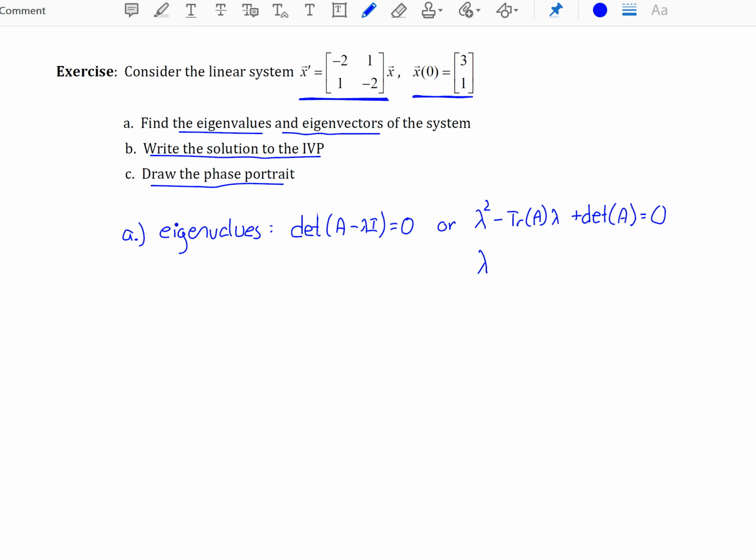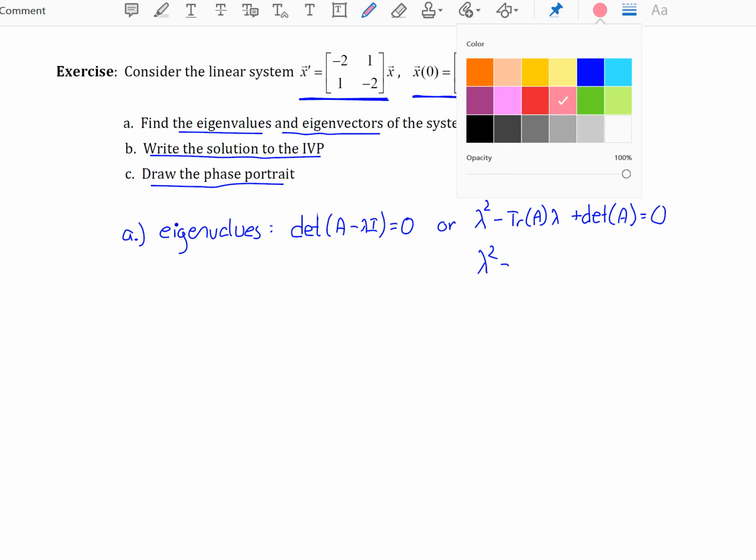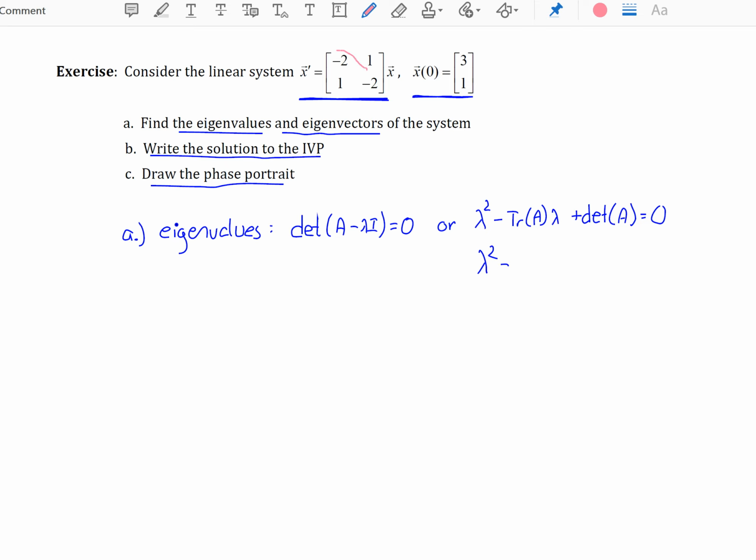So here we'll have lambda squared minus the trace. And again, recall the trace is the sum of this main diagonal. Here the trace is -4. So our formula is minus the trace, so we end up getting plus 4 lambda plus your determinant.